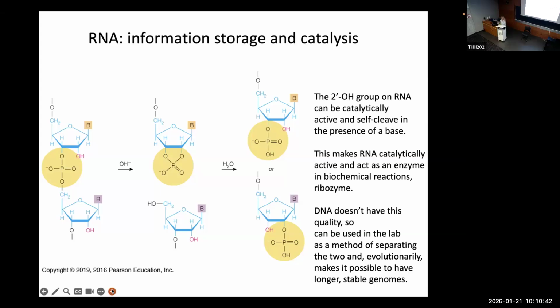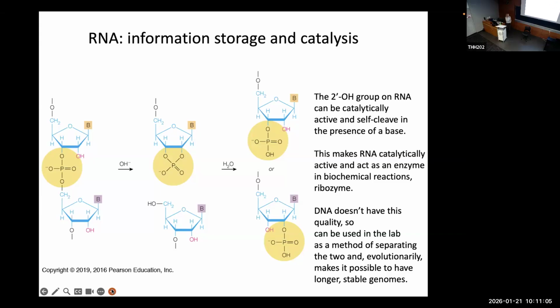So we can sort of pick and choose which genes are expressed by only transcribing certain RNAs and passing along that information to the ribosome. So RNA transmits and stores genetic information, but it can also undergo catalysis. And that is because of this reactive group, which is different from DNA.